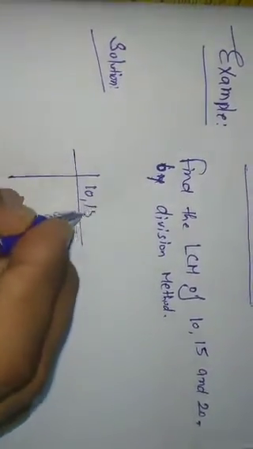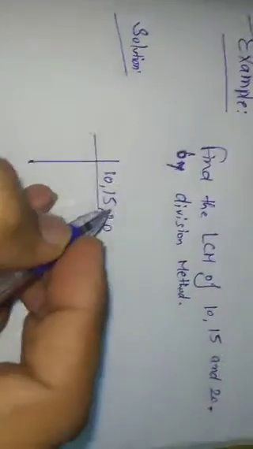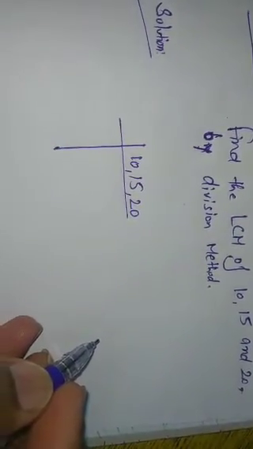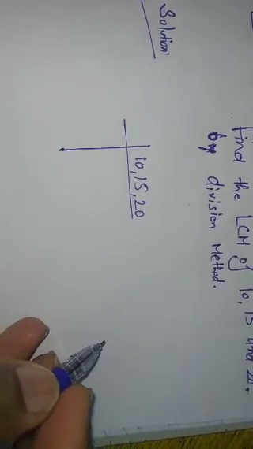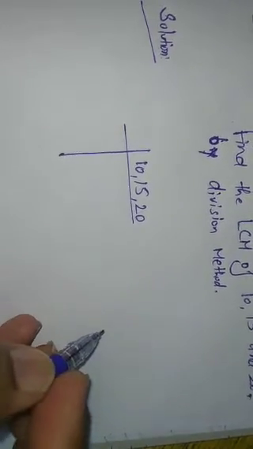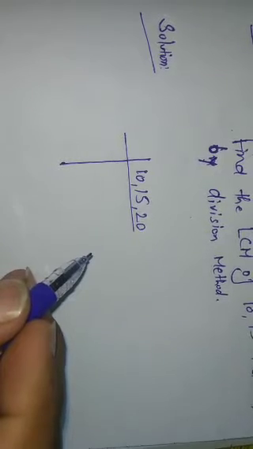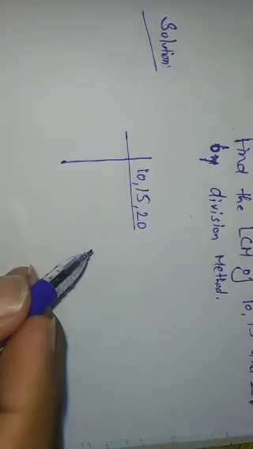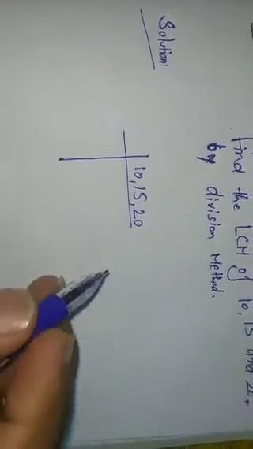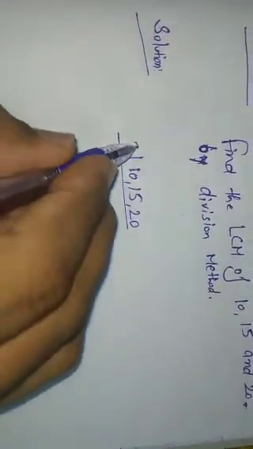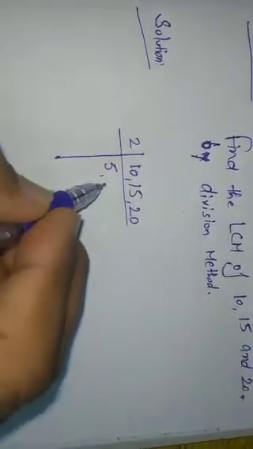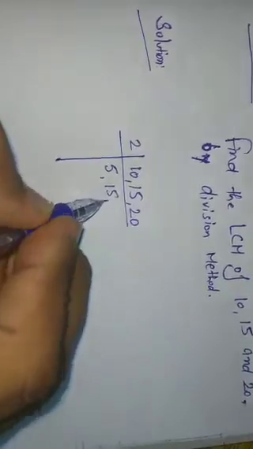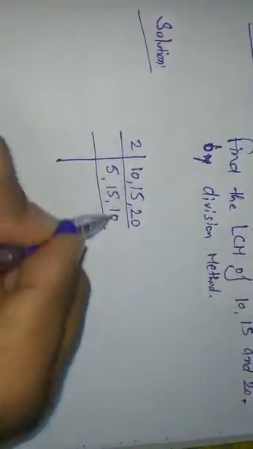So 10, 15 and 20, there are 3 numbers given, and as you know students, firstly we will take the smallest prime number. Here the smallest prime number applicable is 2, because with the help of 2 these numbers are divisible. 2 fives are 10; 15 is not divisible, so you will note 15 down as it is. 2 ones are 2, 2 tens are 20.